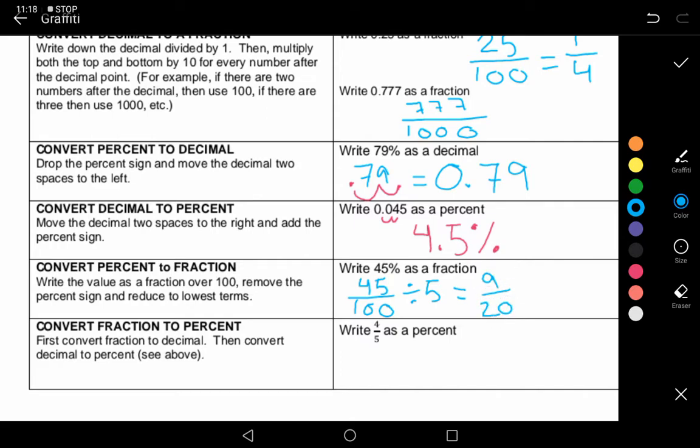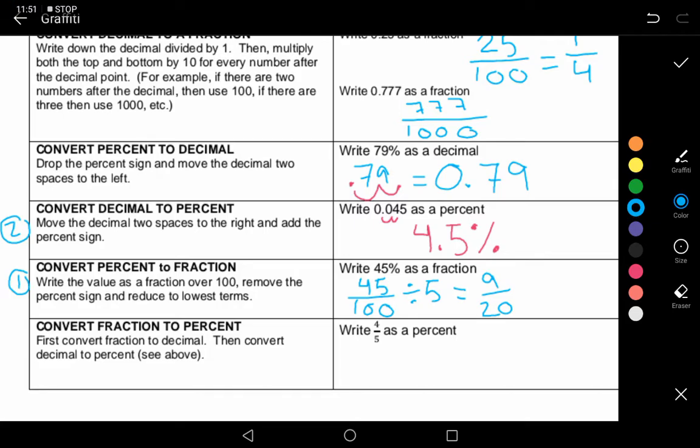Okay, and the last one here, converting a fraction to a percent. So first convert fraction to a decimal, then convert decimal to percent. So it's telling us to go fraction to decimal, which is just above it, right? So first fraction to decimal, then decimal to percent. Okay, so we're just combining those 2 steps above. So the first thing is fraction to decimal.